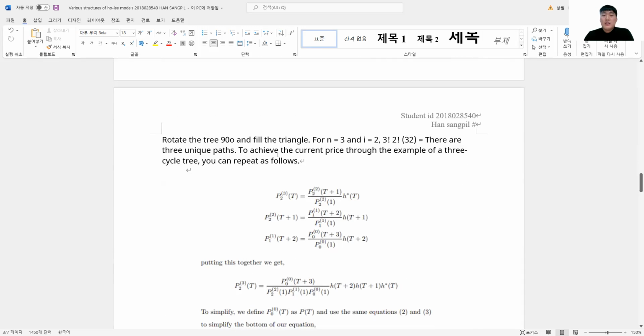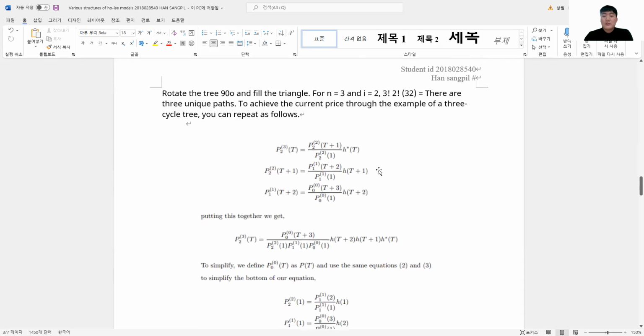Rotate the tree 90 degrees and fill the triangle for n is 3 and i is 2. There are three unique paths to achieve the current price through the example of the three-period tree. You can repeat as follows.